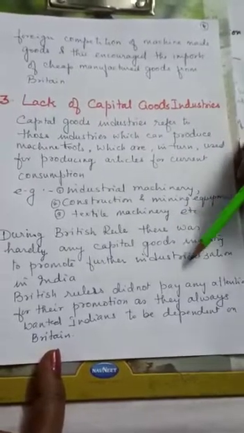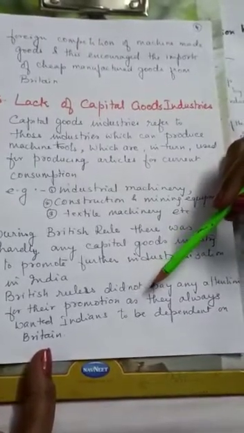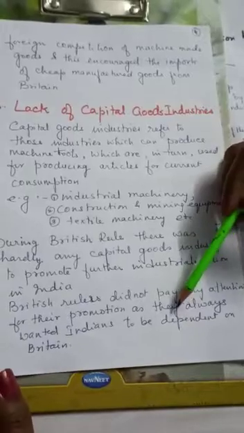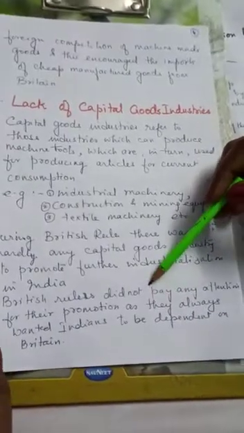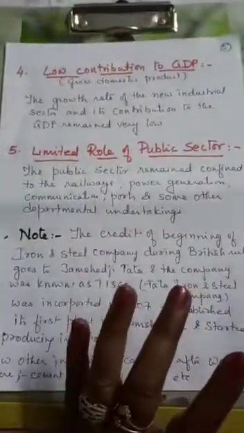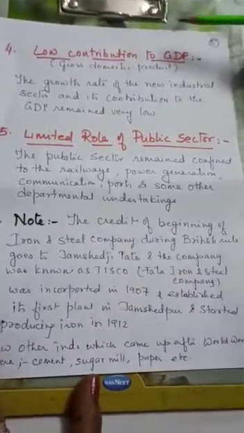The British rulers did not pay any attention for their promotion, as they always wanted Indians to be dependent on Britain. So the Indian industries were not taken care of by the Britishers. They wanted that Indians should be dependent on their products manufactured in Britain.